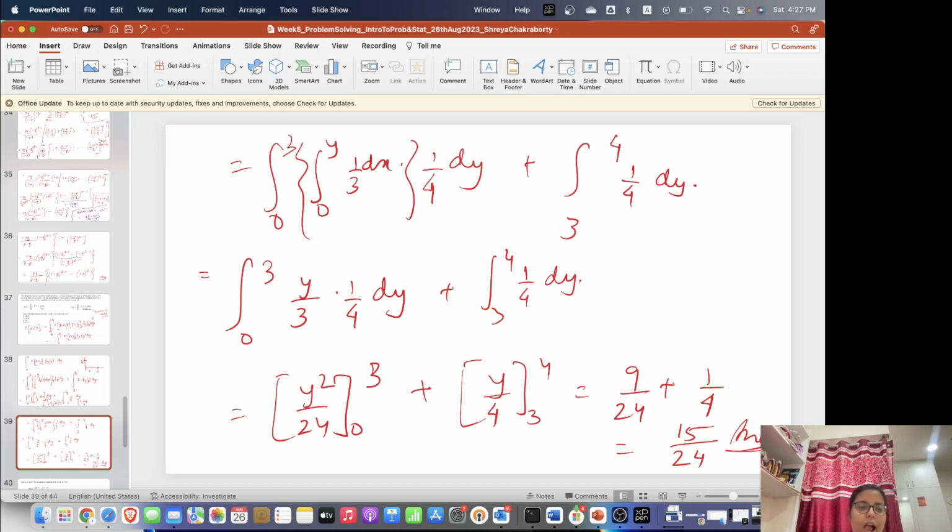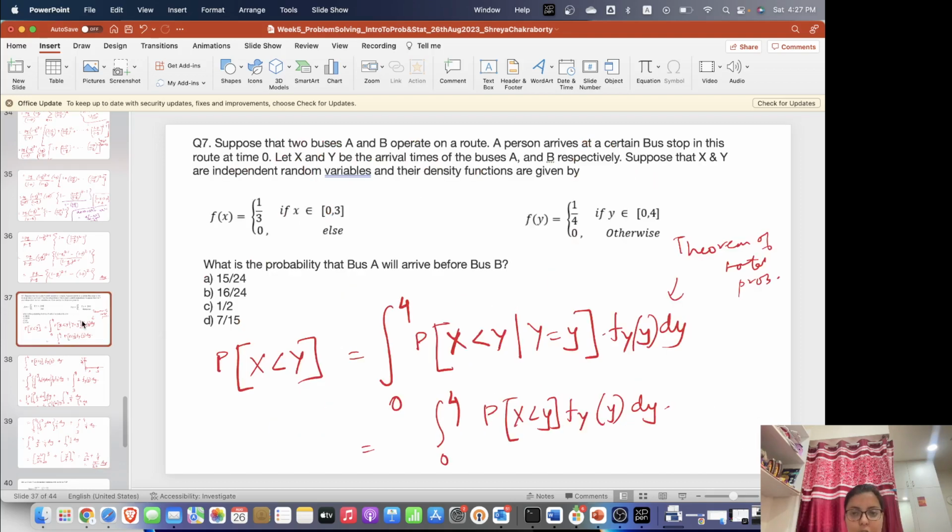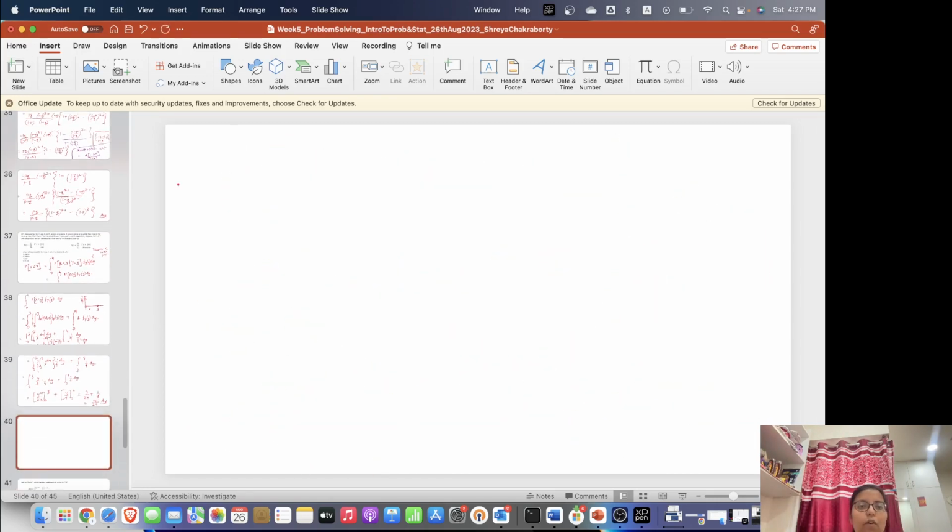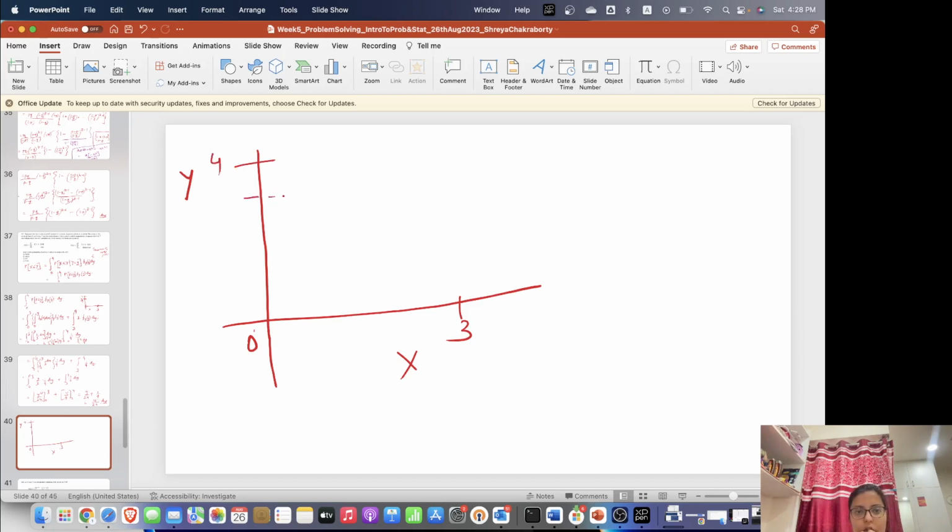Is it okay? Okay. Now if this is a little difficult to understand, I'll also show how you can do it graphically. So let's say we have x here and y over here. x can take values from 0 to 3. y can take values from 0 to 4. So this is my entire space.